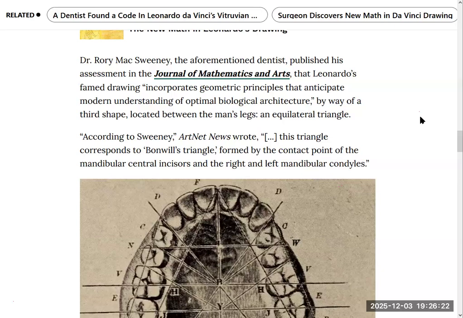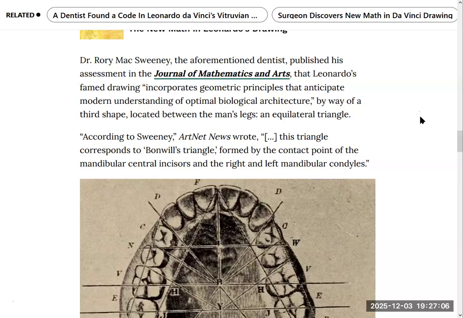Dr. Rory Sweeney, the aforementioned dentist, published his assessment in the Journal of Mathematics and Arts that Leonardo's famed drawing incorporates geometric principles that anticipate modern understanding of optimal biological architecture by way of a third shape located between the man's legs, an equilateral triangle.